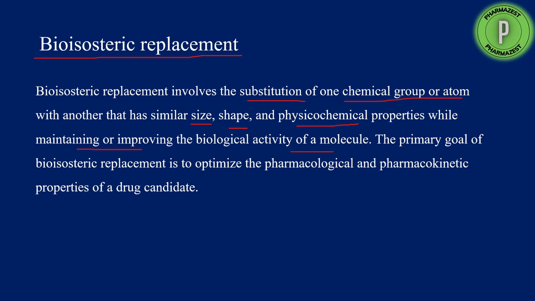So we are bringing about this change in functional group in order to improve the biological activity of the molecule. Therefore the primary goal of bioisosteric replacement is to optimize the pharmacological and pharmacokinetic properties of a drug candidate.